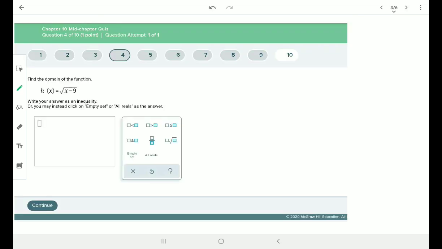Moving on to question 4, we want to know the domain of this function. Now remember, the domain is the x value, so we're trying to figure out which x values will work for x minus 9. Remember, we want anything that is not negative, so 0 and above. Well, what makes the inside of the radical 0? That would be 9.